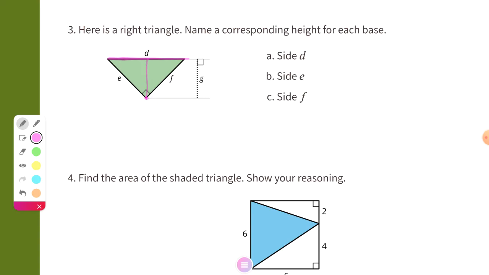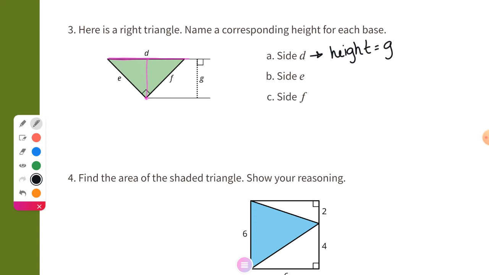Yeah, it just makes it a little bit more challenging. So if side D is the base, then the height would be G. There's lots of answers. This isn't a multiple choice question.